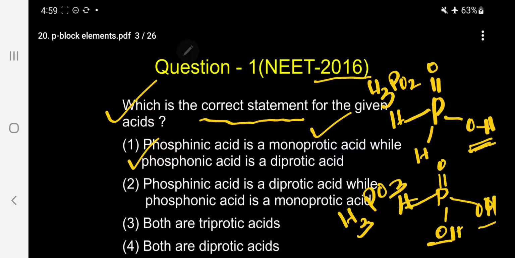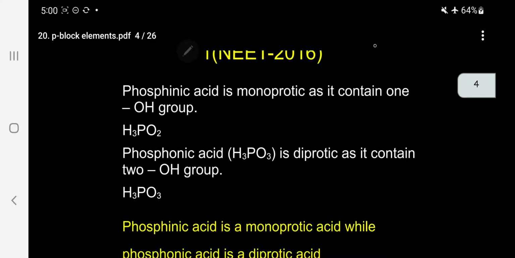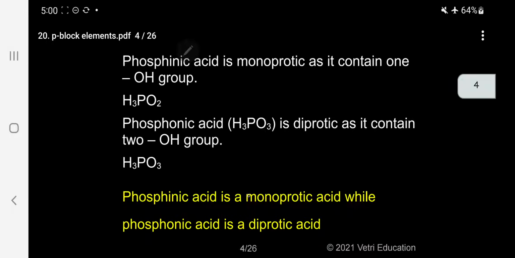So now go through that. H3PO2 is a monoprotic acid, while H3PO3 is a diprotic acid. Which is the correct statement? So the answer is: phosphonic acid H3PO2 is a monoprotic acid, while phosphonic acid H3PO3 is a diprotic acid.